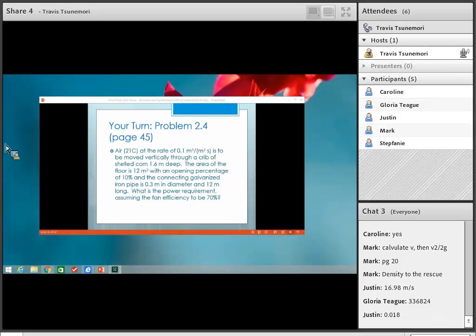Yes, 0.018. Great. This is where we usually run into a little dissension, so if you have questions on that, let me know. And then the next one should be the friction loss through the pipe.